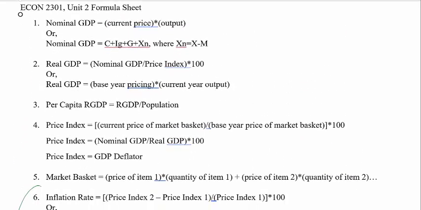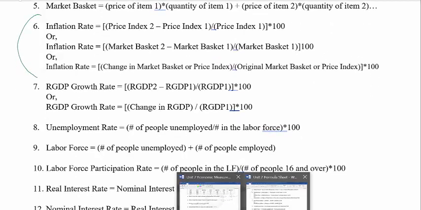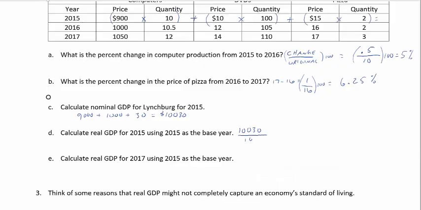So real GDP right here. We take the nominal GDP divided by a price index and then multiply by 100. So let's go do that. Divided by 100 times 100 equals 10,030. Now for part D we knew what the price index was. It's 100. And so that's why we were able to use that formula.